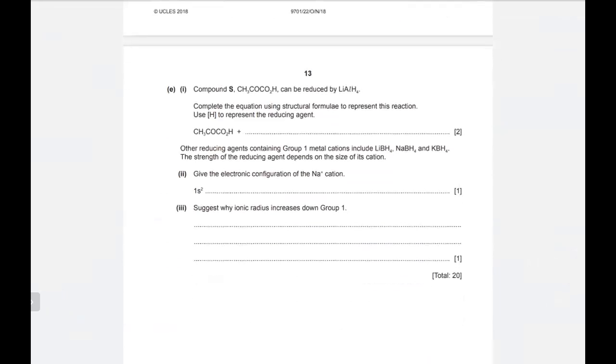Compound S can be reduced by lithium hydride. Complete the equation using structures.